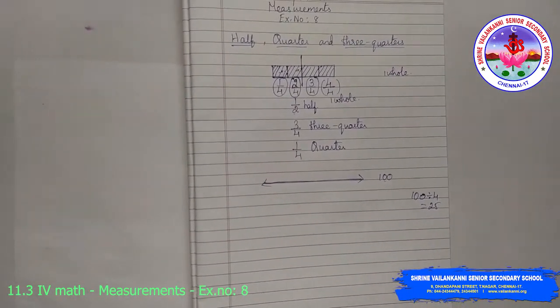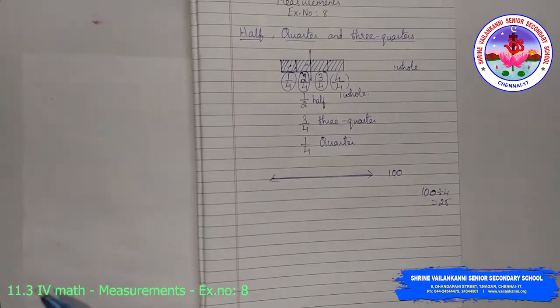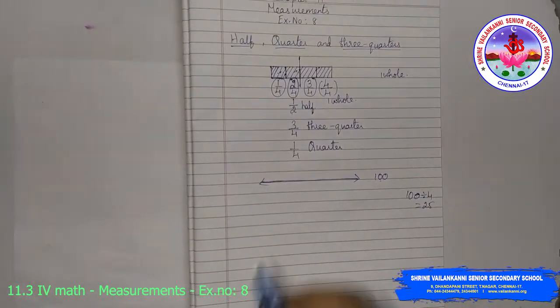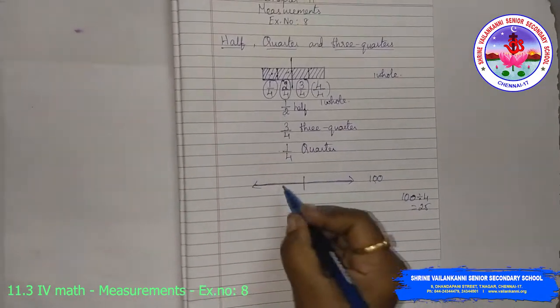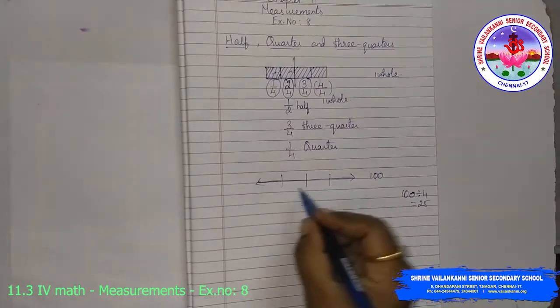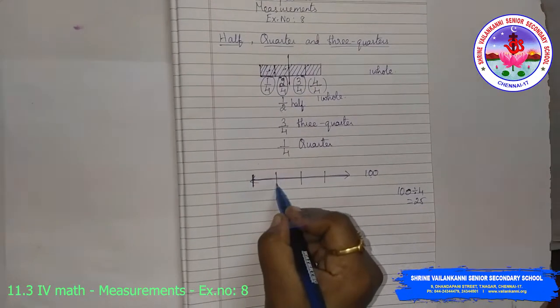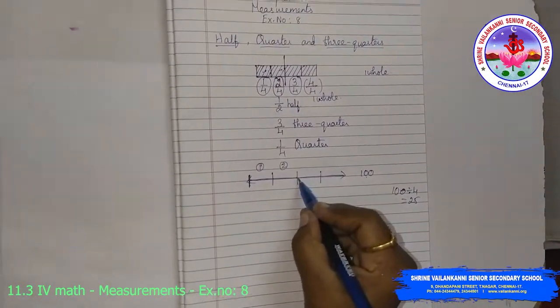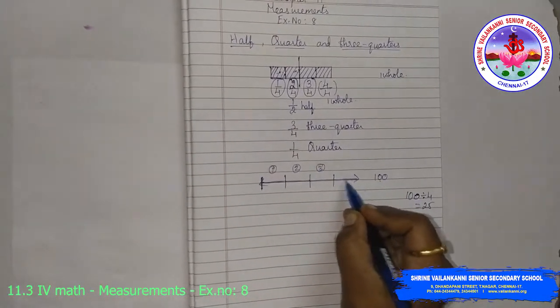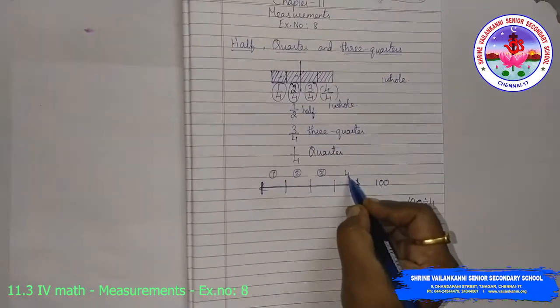When 100 is divided into 4, each part will have 25. Now I am going to divide this line into 4 parts. From here to here, one part. From here to here, second part. Here to here, third part. Here to here, fourth part.